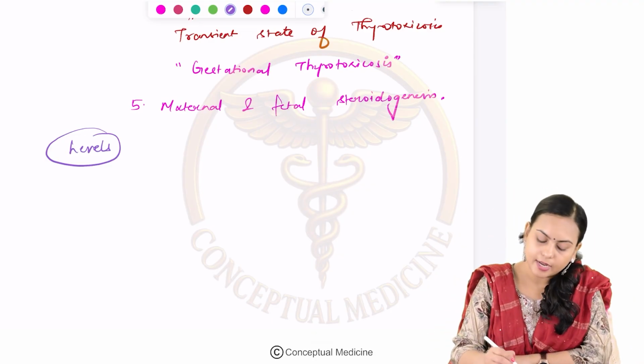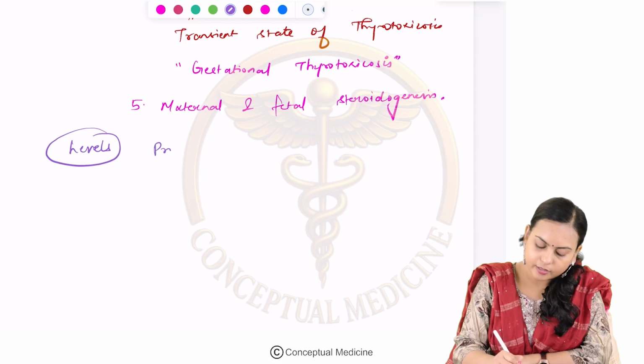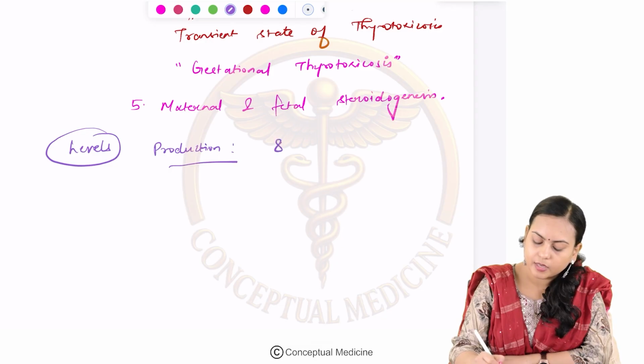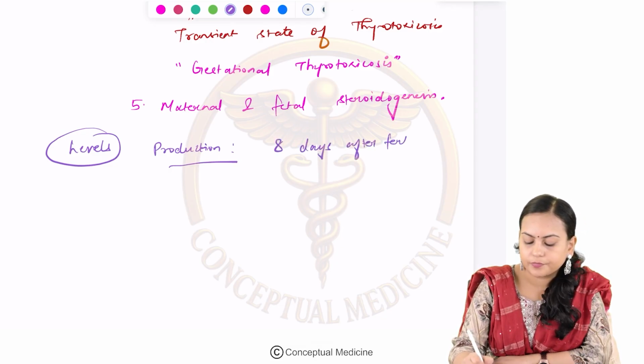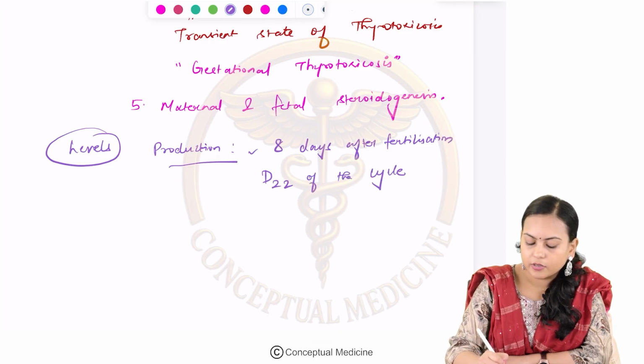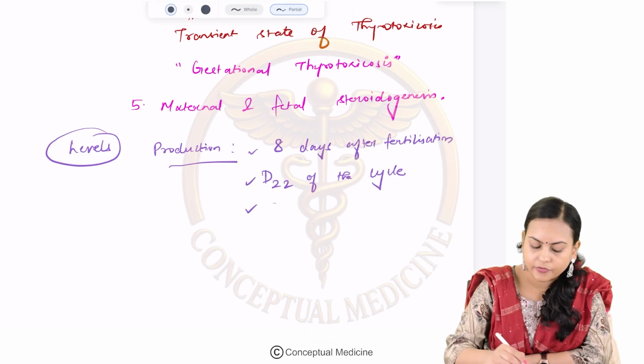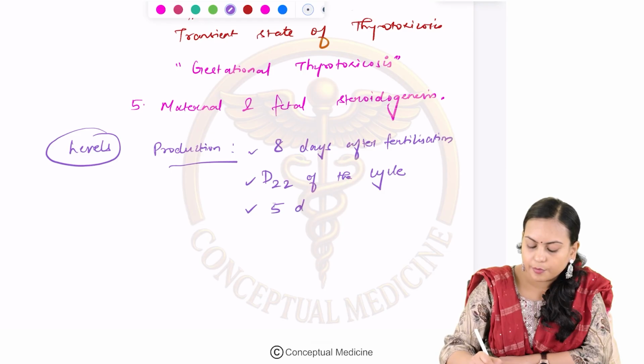So, initially HCG hormone production starts by 8 days after fertilization, or day 22 of the cycle, or it can also be said as 5 days before her expected menses.